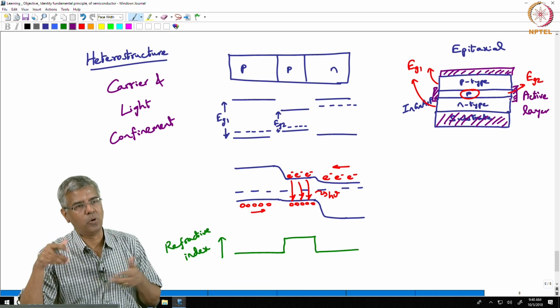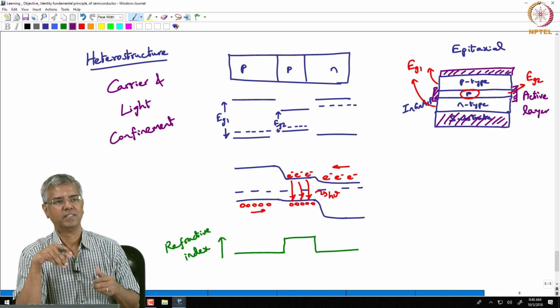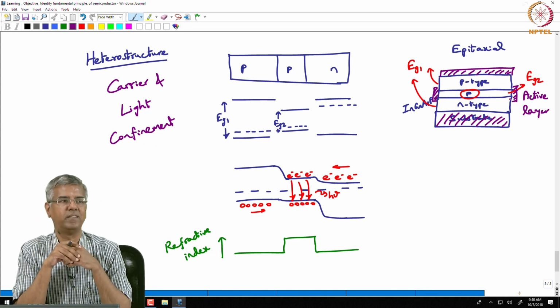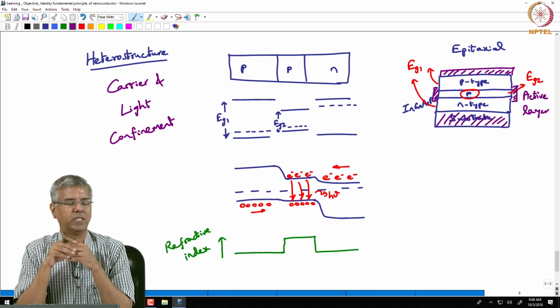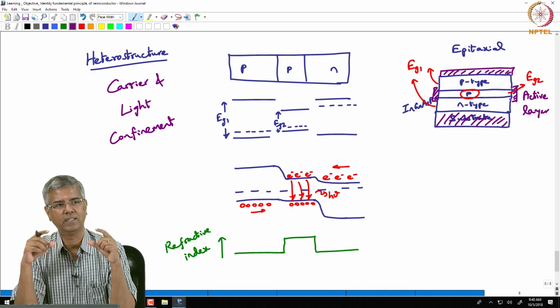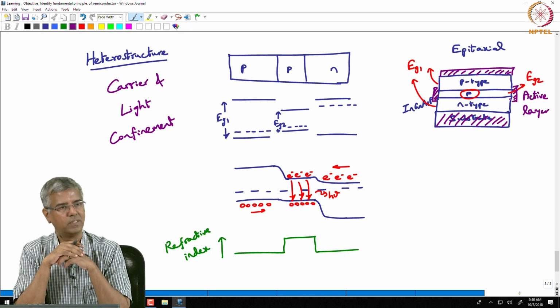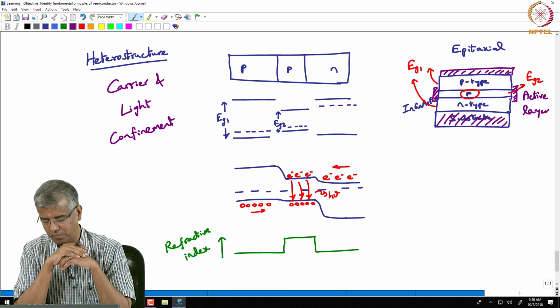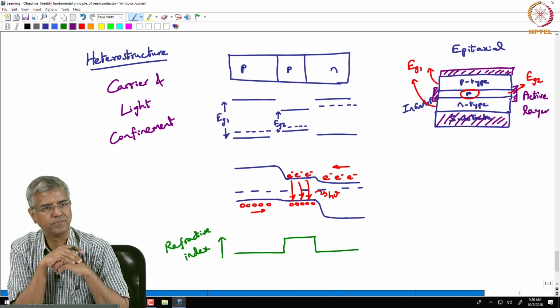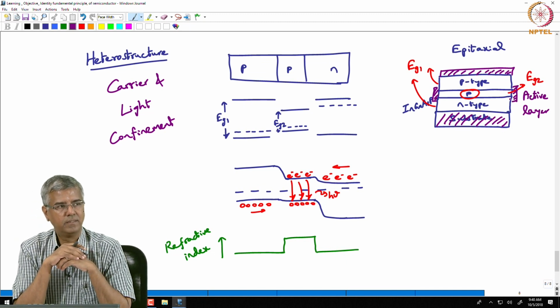So that's the way you go about designing these structures. Your target is your active layer, right? But you want on either side a material with larger band gap, so that we can achieve this carrier confinement as well as light confinement. Okay, understand that?